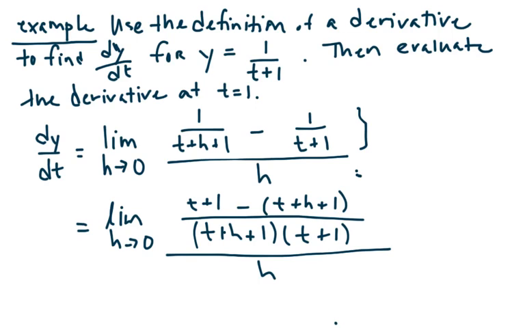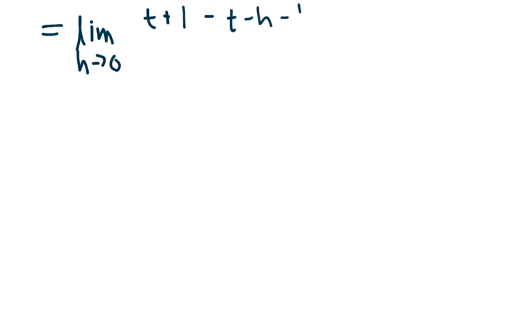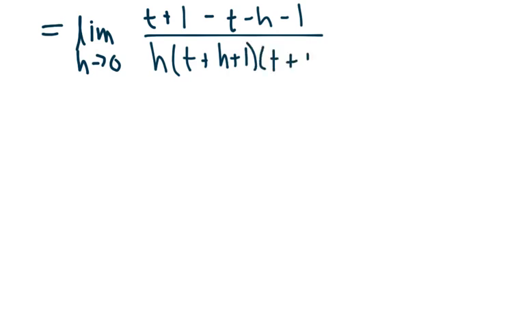Alright. Well, division by fractions is multiplication by the reciprocal, so that will give us the limit as h goes to 0 of t plus 1 minus t minus h minus 1, all over h times t plus h plus 1 times t plus 1.